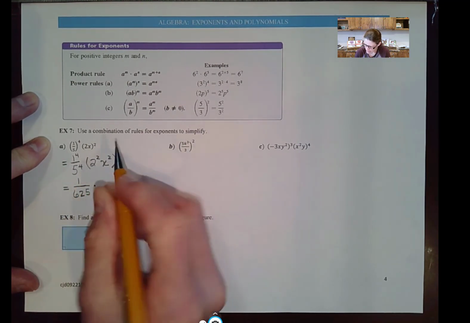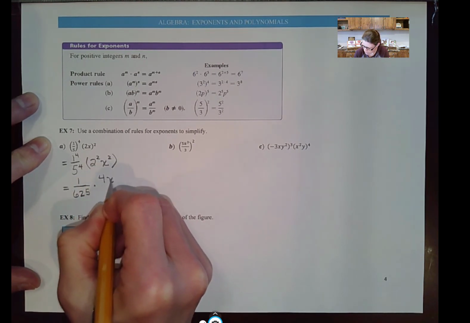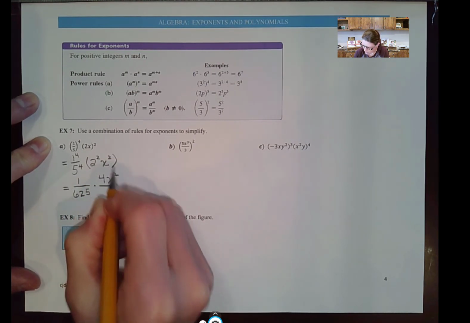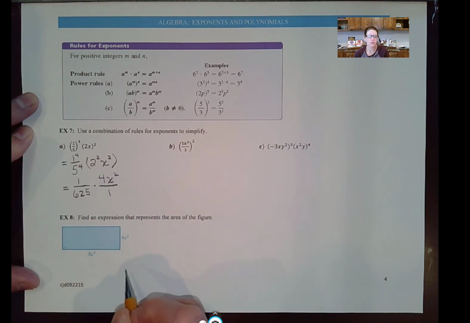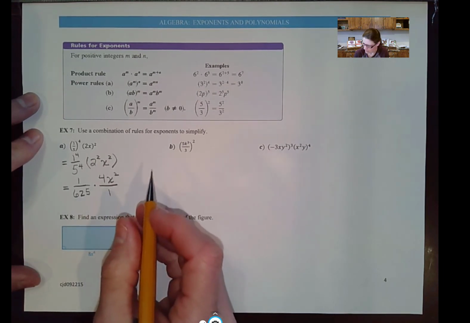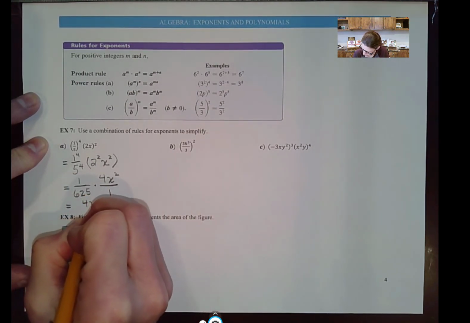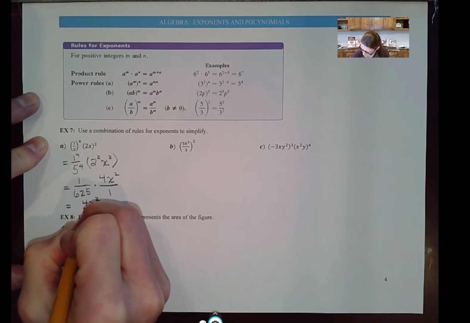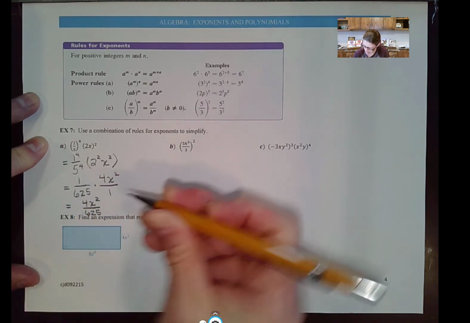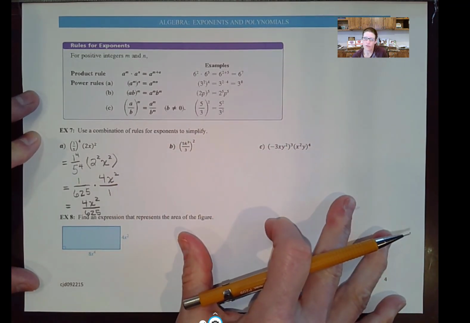We're going to multiply this by 2 squared, or 4, and x squared, and those are numerator values. So as a final answer, we'll just multiply straight across on top and bottom. And let's write this as 4x squared over 625. And that's not going to reduce because 4 and 625 have no common factors.